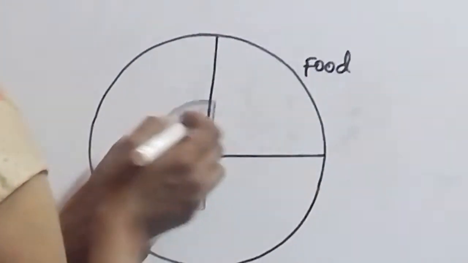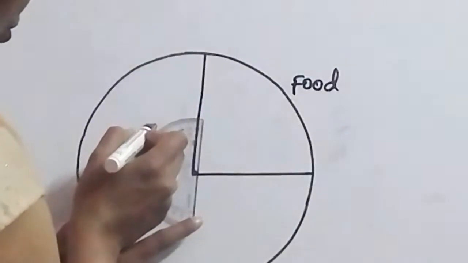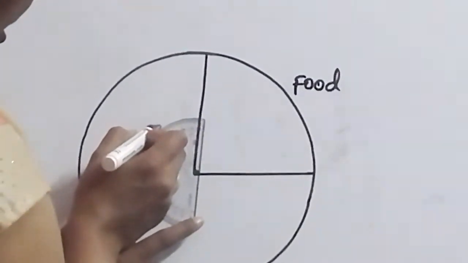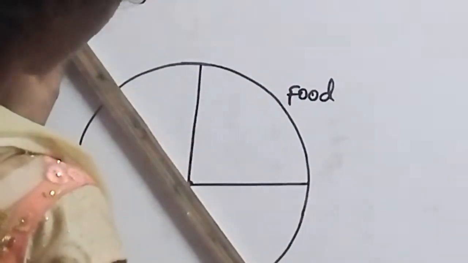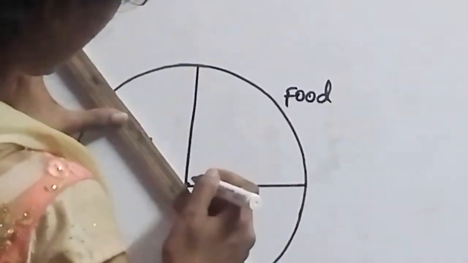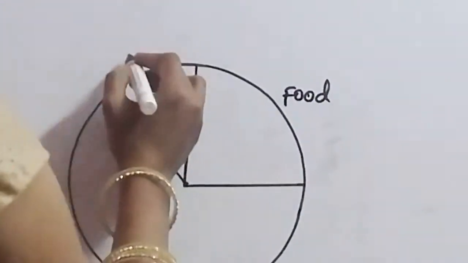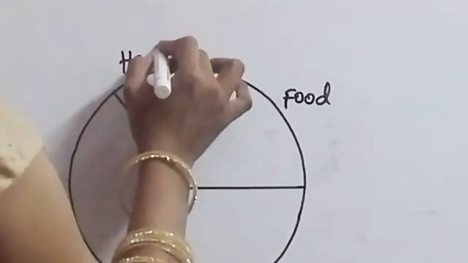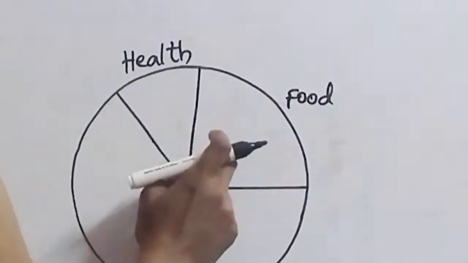Okay. So now mark 42. This is 40. And 2 lines you should count from here. Use your scale and join the line. So this is 42 degrees and this is health. Health is 42 degrees. Food is 83.